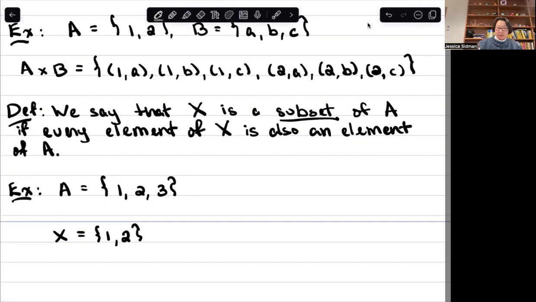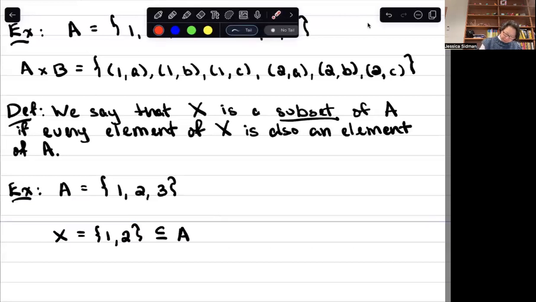So I've taken some of the elements of A, but not all of them. This is a subset of A, and that's how we write subset, with that sort of on its side U. And when we have this line under it, we're saying it might be equal to A. I'm allowing it to be equal to A. It's not here, but I'm not emphasizing that. Okay.